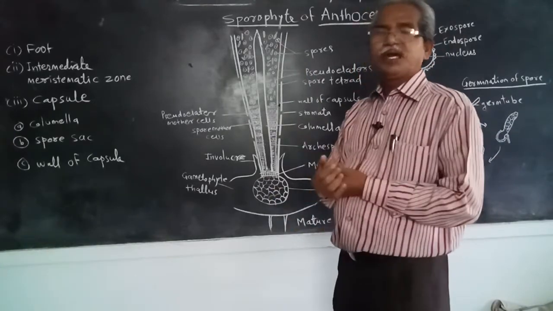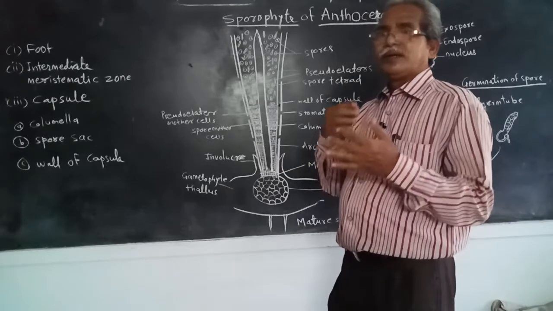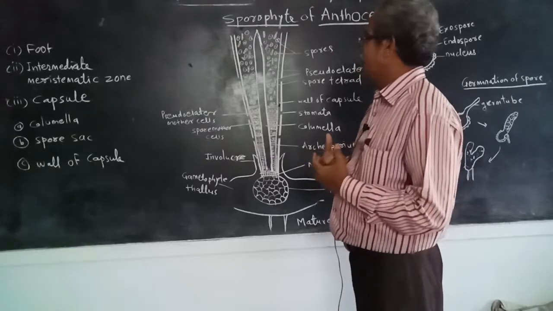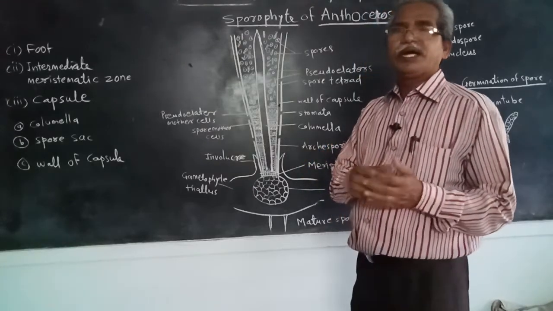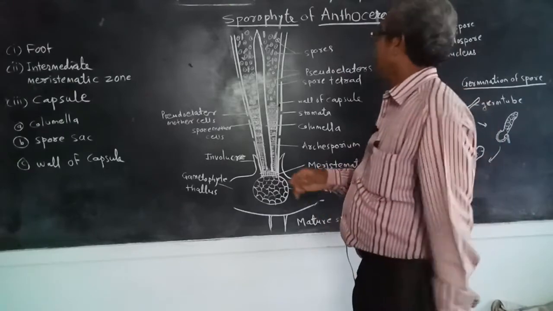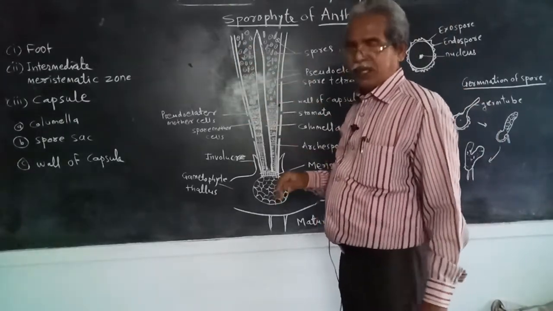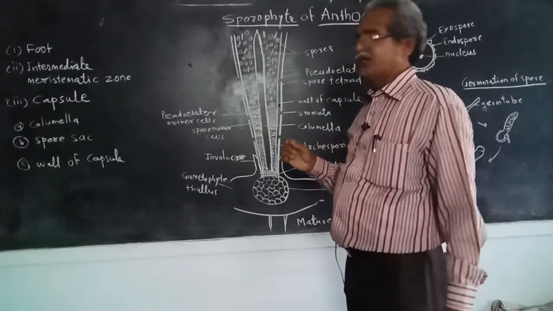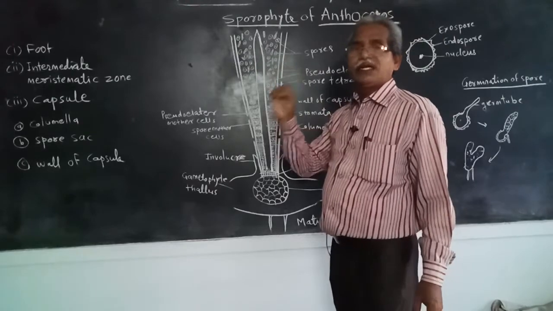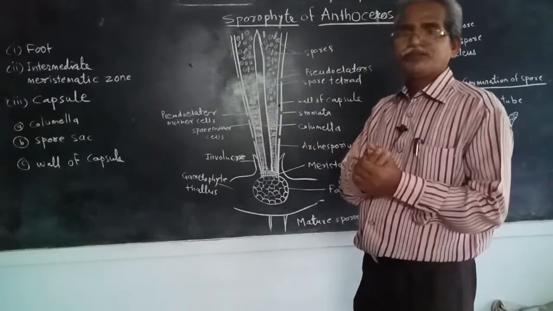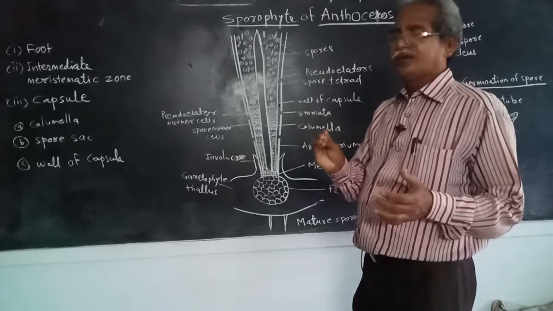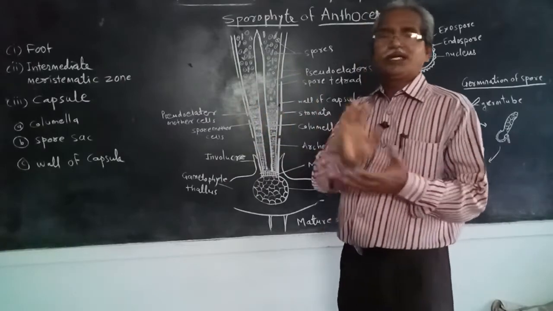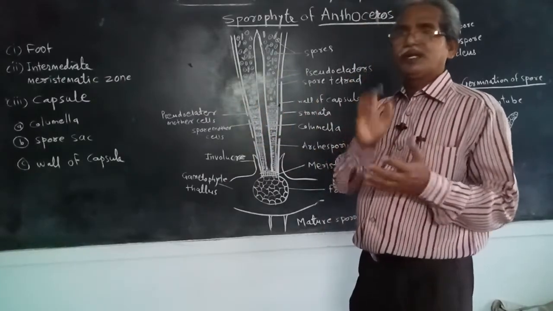After formation of spores, the dehiscence of the capsule takes place. The dehiscence takes place in dry environmental conditions. At that time, the cells of the wall of the capsule, the columella, and the pseudo-elaters lose moisture and shrink.